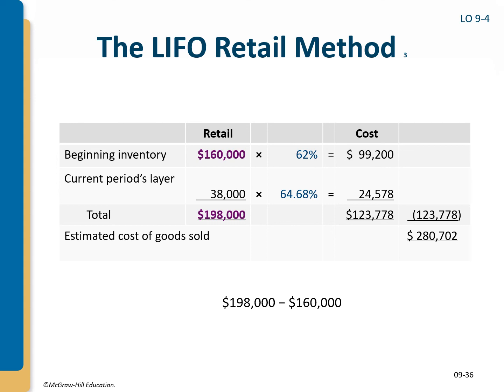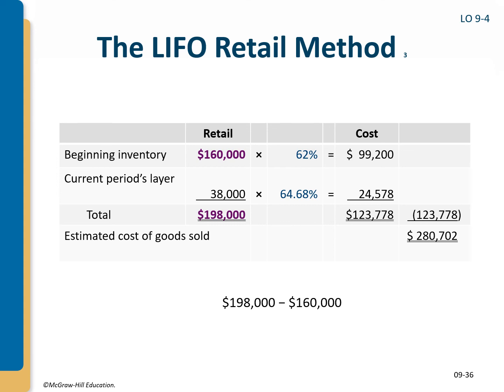The remaining layer to get us up to a $198,000 retail ending inventory, or $38,000, will be converted at the cost to retail percentage for this year's purchases, because that's where that $38,000 is from. 64.68%.